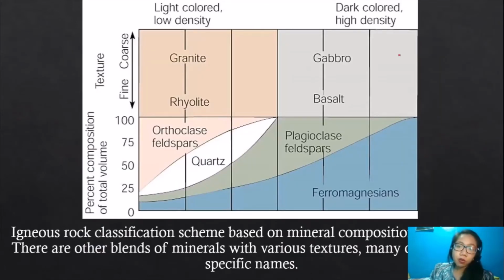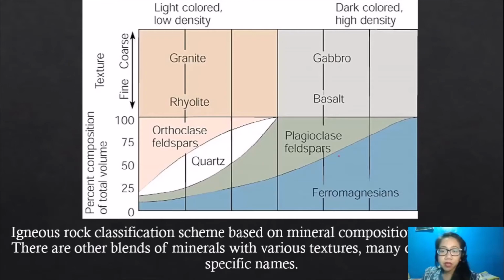Okay, so when it comes to the rocks itself, there are different ways on how to classify them. It's either you classify them based on their texture, or another is their mineral composition. Okay, so for the mineral composition, this table is actually showing you what are the composition of the igneous rocks. So when it's dark colored and high in density, it most likely has magnesium and iron inside them.